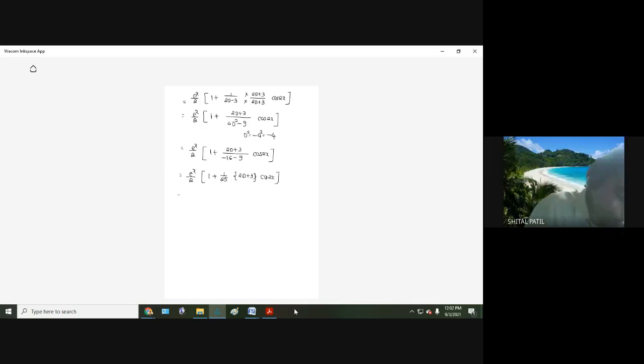Operate this on cos of 2x. D means derivative.